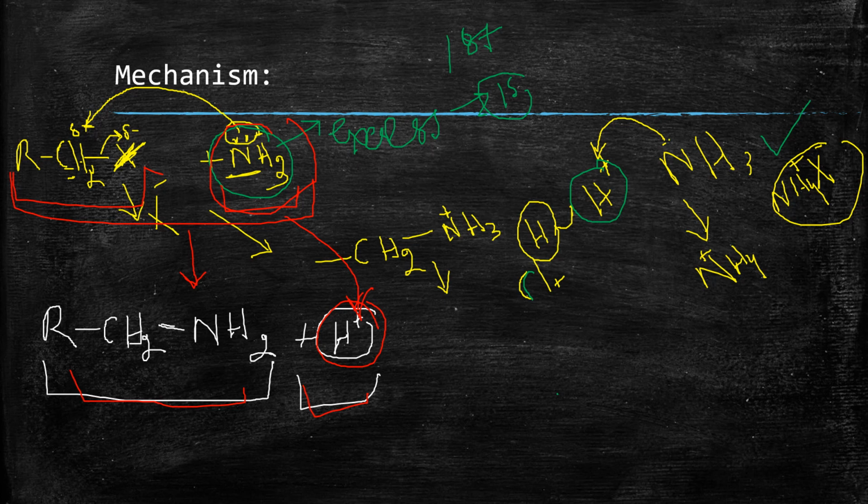Hope you are aware of the Le Chatelier principle, right? So here you can say that this adding of ammonia in excess helps us in more and more formation of this amine. Why? Because it's promoting the reaction in the forward direction.